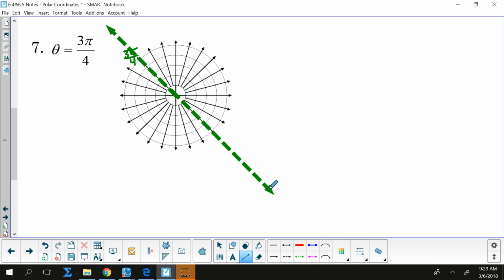Okay. There's one other kind of number out there. There's positive numbers, there's negative numbers, and there's 0. Okay? What if r is 0 in the direction of 3 pi over 4? What do I have then?